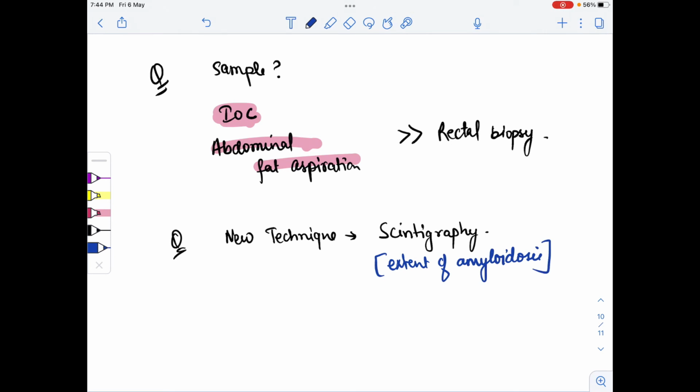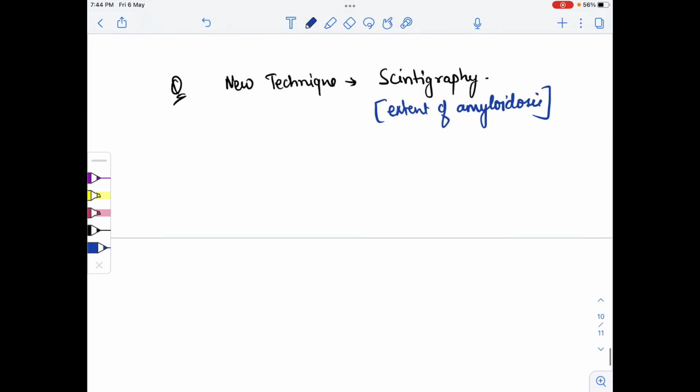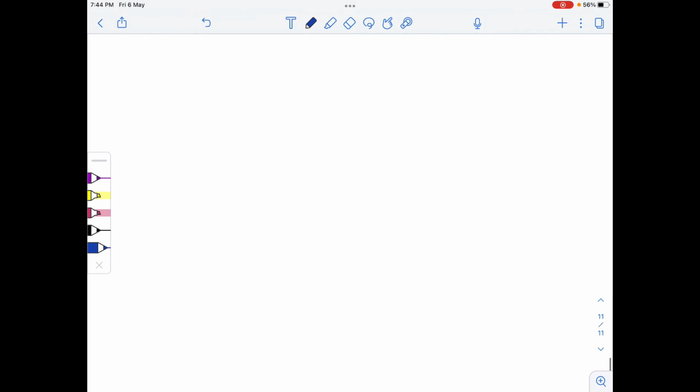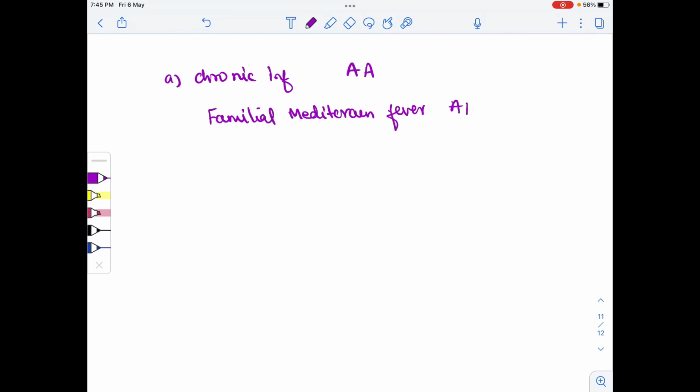Now I have some questions, and you have to comment in the comment section what the answer is. We have to find the incorrect match with regard to amyloid. The first option is chronic inflammation, where we have AA type. In familial Mediterranean fever we have type AA.